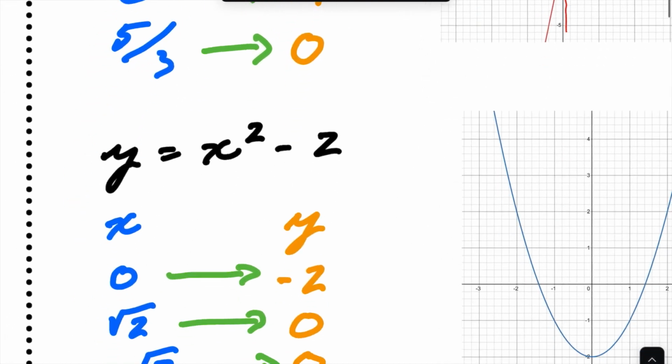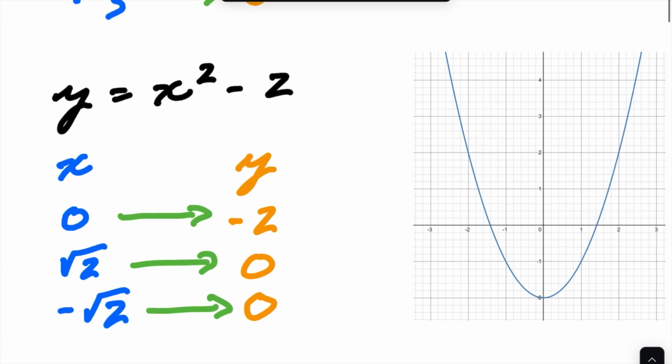Now here's another example of a function: y equals x squared minus 2. Again, x is your input and y is your output. So if you put in 0, then your output is negative 2. You plug in 0 for x, and you're left with negative 2. That gives us the point 0 comma negative 2, which is right there, known as the vertex of the parabola.